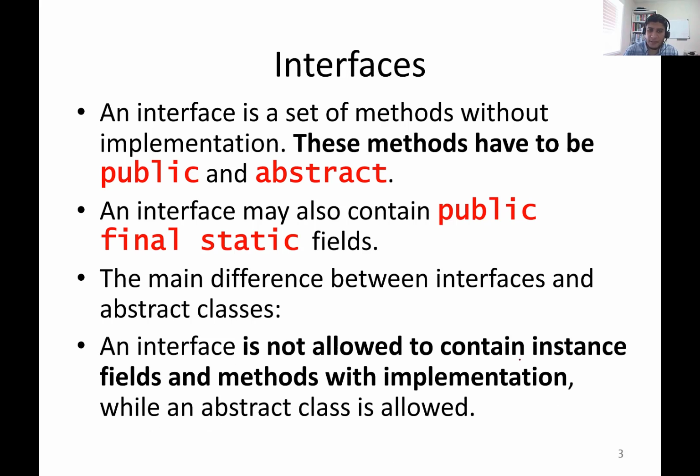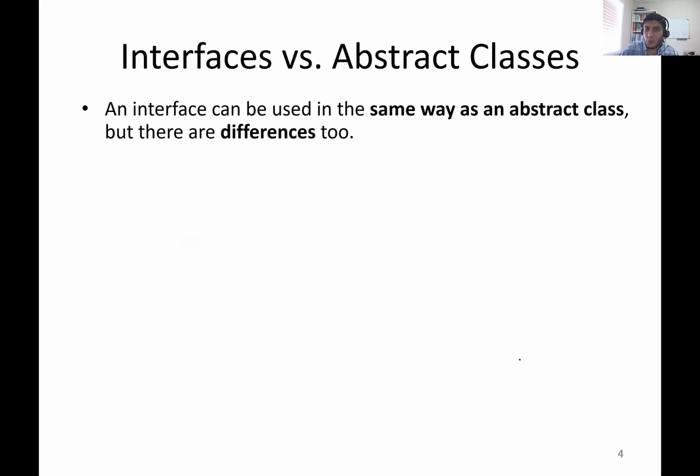The main difference is in an interface, you are not allowed to contain any instance fields or methods with implementation, while in the abstract class, we were allowed to define variables, if you remember, instance fields, and also we had some implementations or some concrete methods, while interfaces is not allowed.